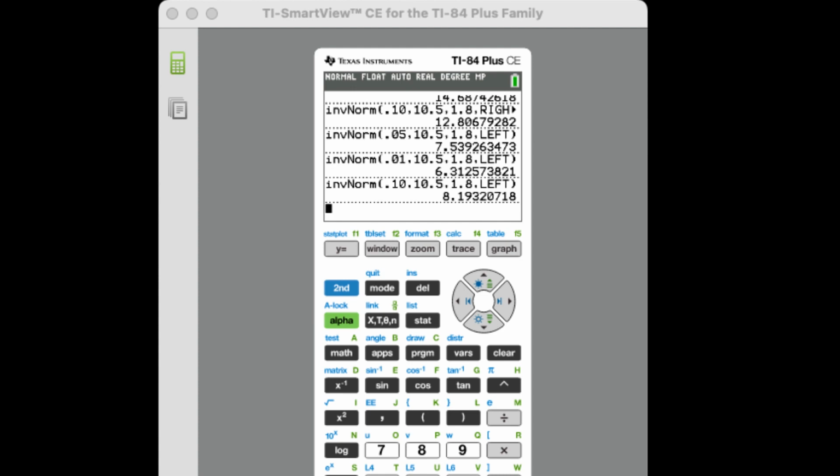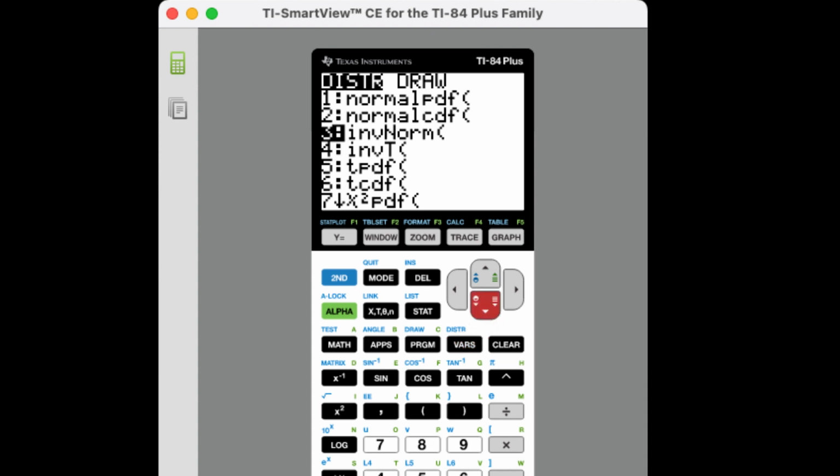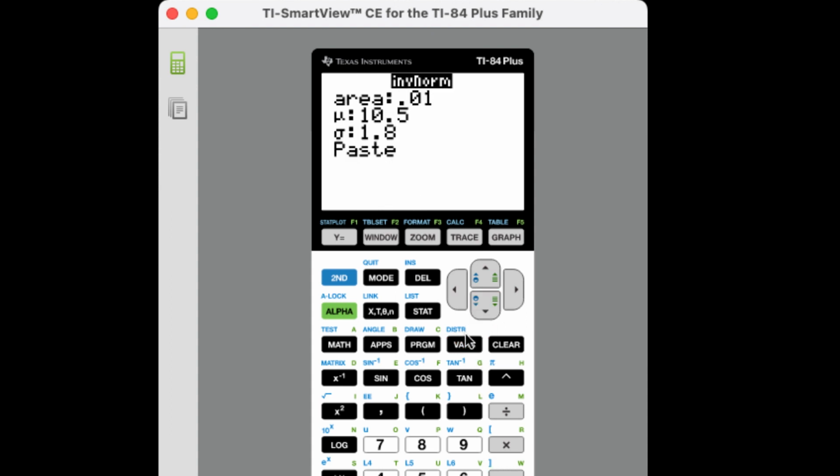Okay, let's do the default. Second distribution, inverse norm here. What's that going to be? 0.10.